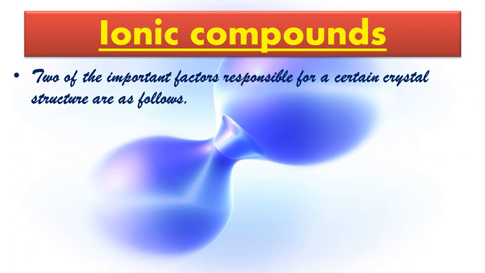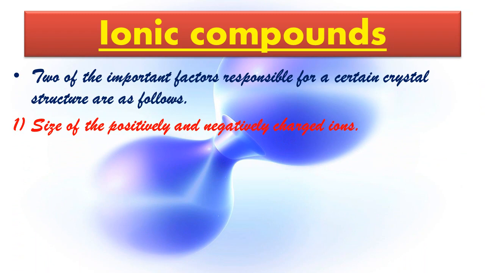The two important factors responsible for a certain crystal structure are as follows. These two factors determine the crystalline structure of the ionic compound. First is the size of the positively and negatively charged ions, that is the size of the cation and anion. Second is the magnitude of electrical charge on the ions, that means the amount of electrical charge on the cations and anions.